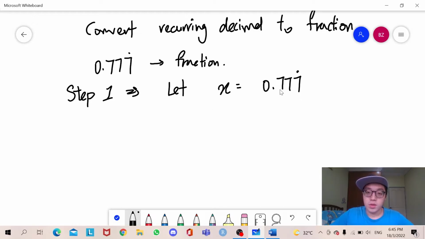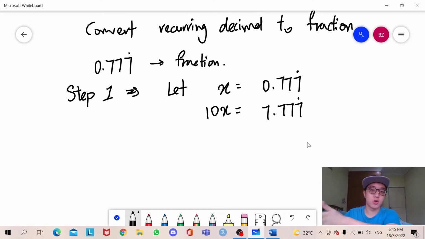Then since all the digits are the same, you can make 10x. We just multiply this by 10, so it's equal to 7.777 recurring. It's actually the same because the 7 goes on forever. The next thing is step 2.